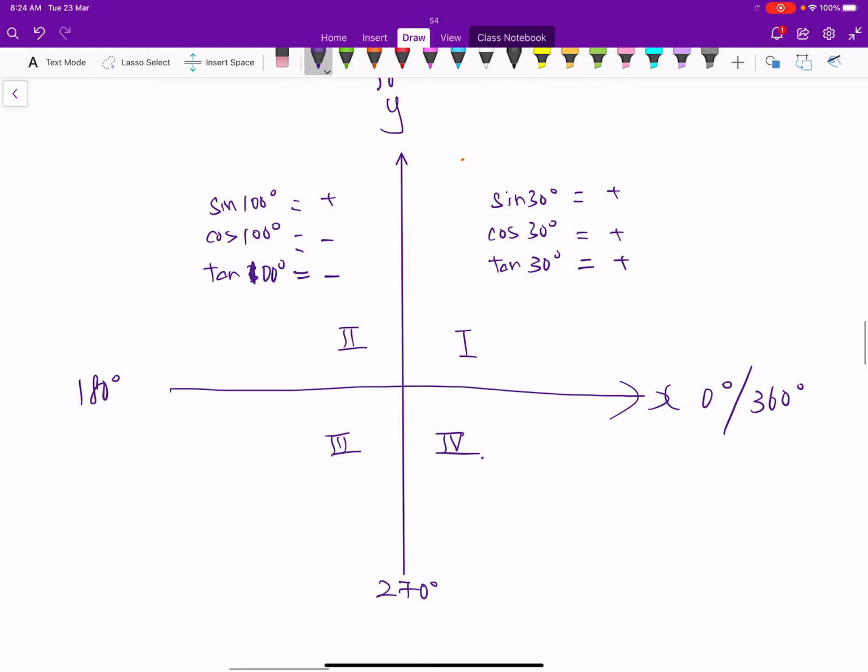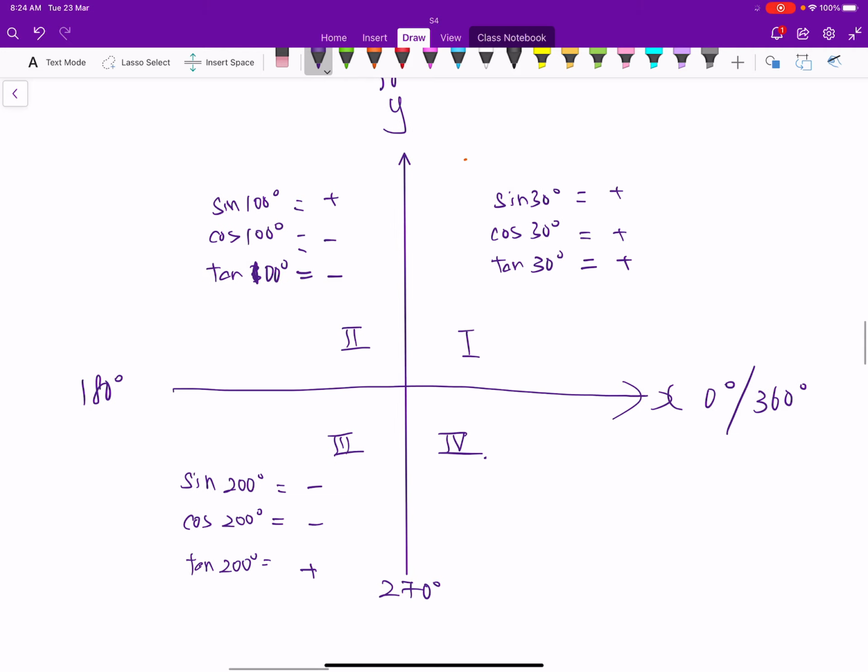And in quadrant 3, we can test with sine 200 degrees, and so on. So sine 200 degrees will be negative. Cosine 200 is negative, and tangent 200 is positive.